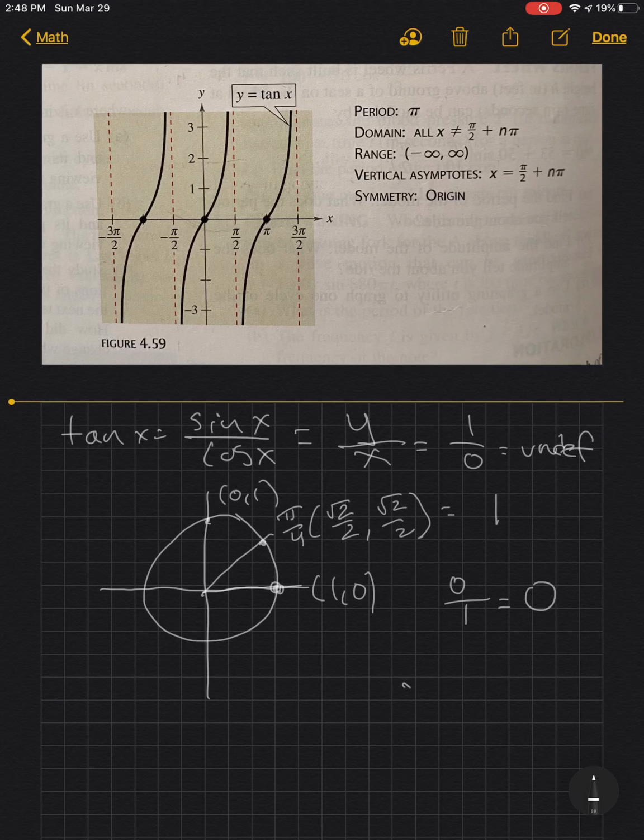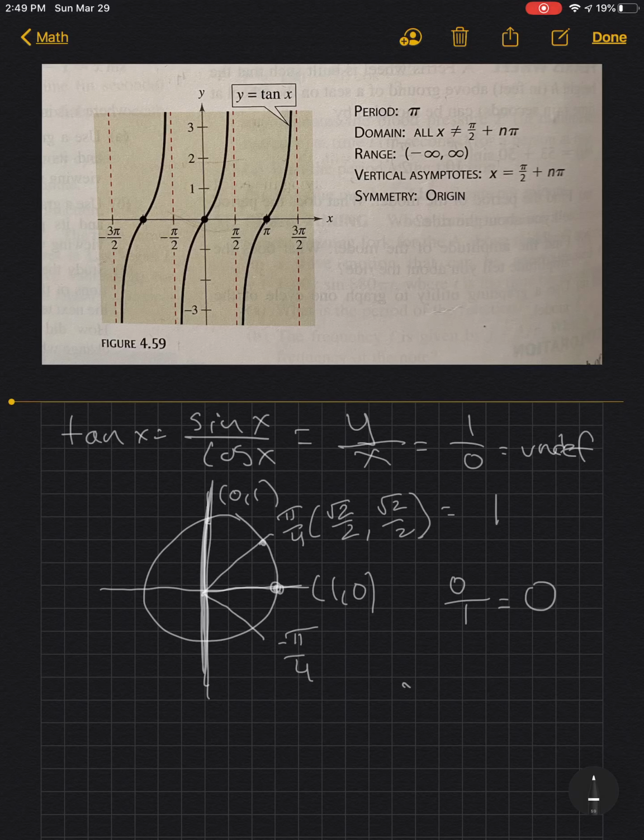Now, where else can we get an easy value? Right here, okay, at negative pi over 4. Really, at any pi over 4, we're going to have an easy answer. But I'm showing you how to get the one that the book has right there. Okay, so between negative pi over 2 and pi over 2, which are right here and here, I'm showing you how to get that graph, okay?